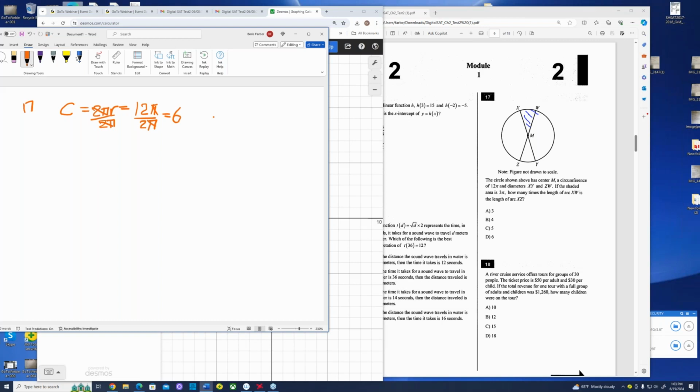And you know the area shaded when you have radians: area of sector equals 1/2 r squared theta. This is the formula when the angle is in radians. And this equals 3 pi.